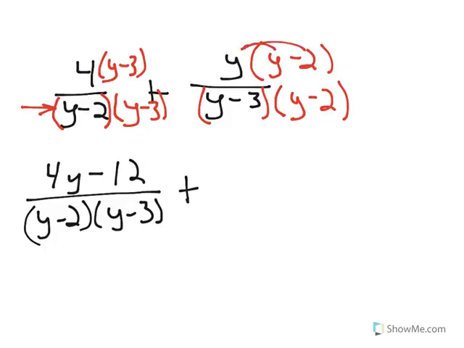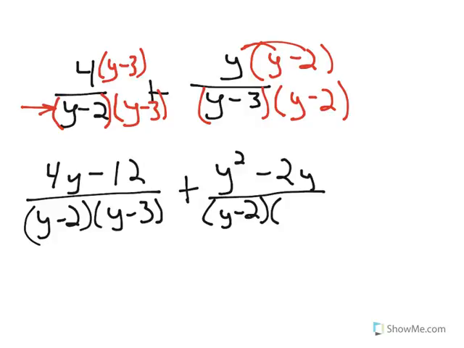Multiply that numerator out, and that gives us y squared minus 2y all over y minus 2 times y minus 3. Now we have two fractions with the same denominator.